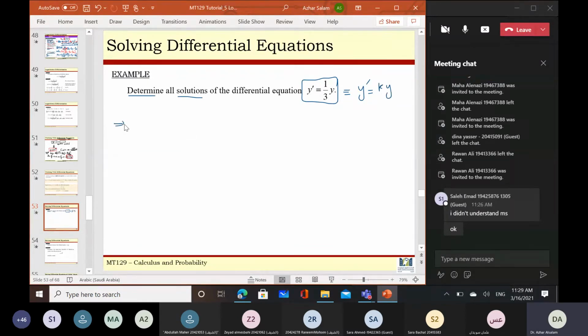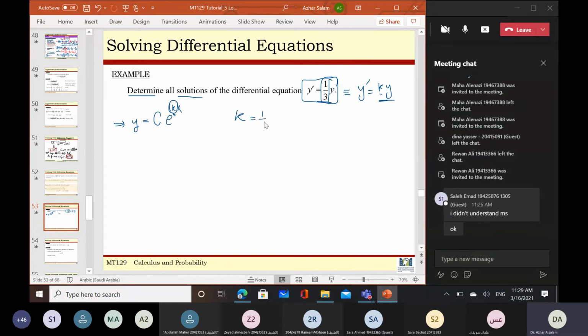We said already that the solution of this equation is y equal to c e to the power kx. So I have to find the value of k here. Notice that this is equivalent to this, so I can write that a third here is equal to k.